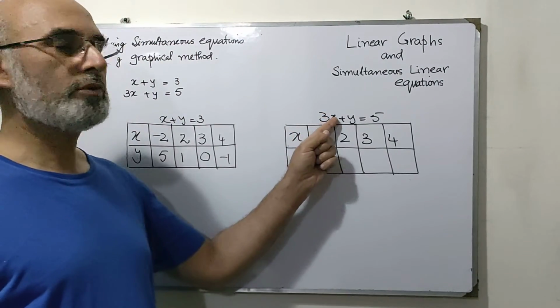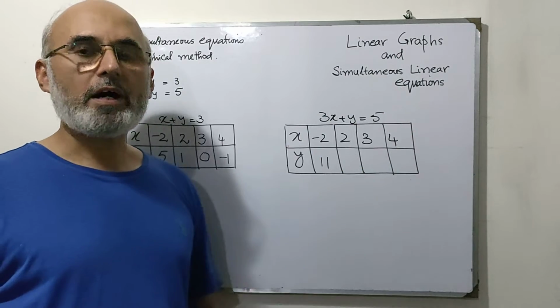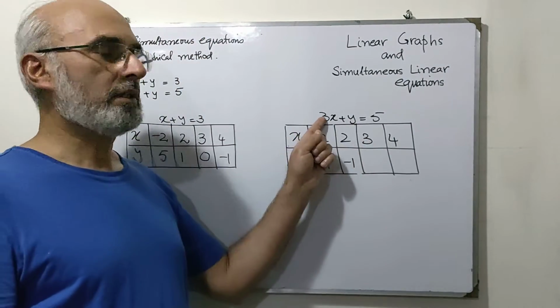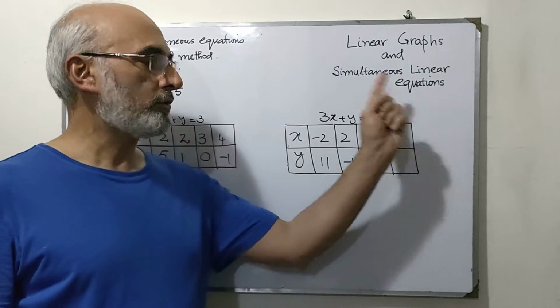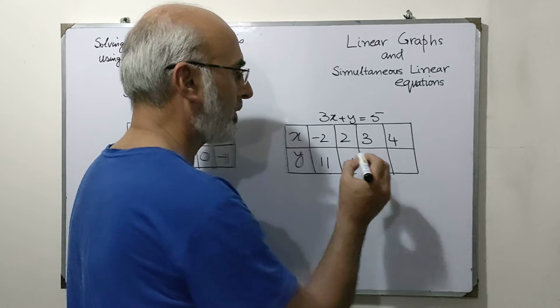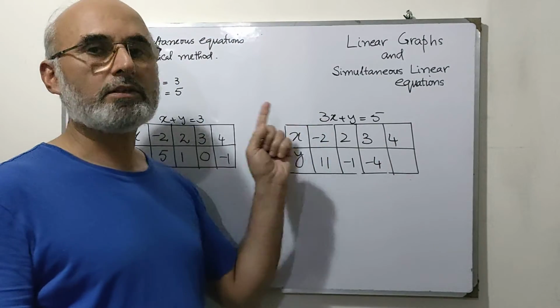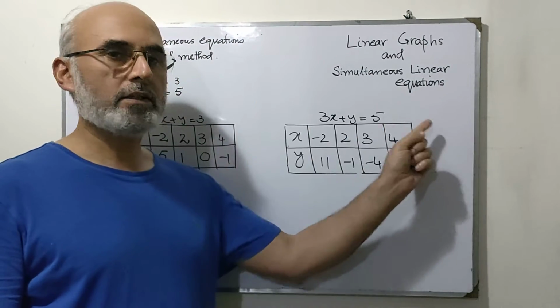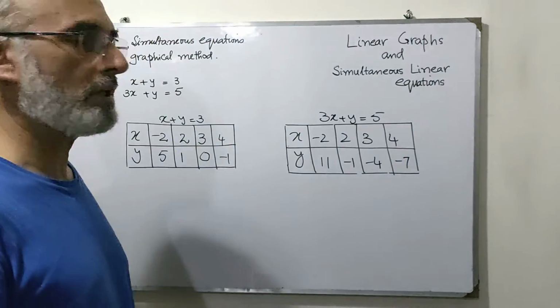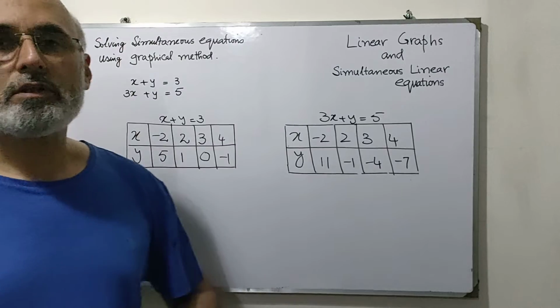For 2, 3 into 2 is 6, goes to the other side, 5 minus 6 is minus 1. 3 into 3 is 9, goes to the other side, 5 minus 9 is minus 4. And 4 into 3 is 12, goes to the other side, 5 minus 12 is minus 7. So we have all the values now, and we are ready to draw the graph.